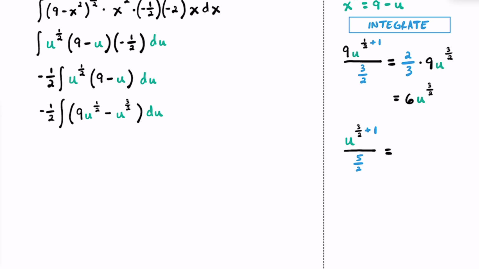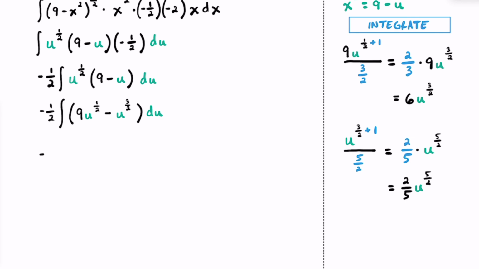Now again, dividing by a fraction is the same thing as multiplying by its reciprocal, so we can rewrite this as 2/5 multiplied by this u to the 5/2 power. And so if we take that antiderivative, we can just say this is going to be 2/5 u to the 5/2 power.